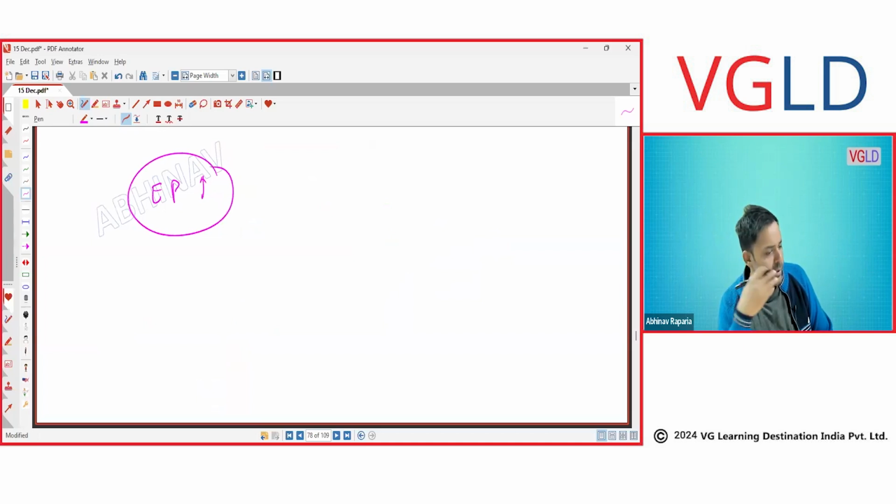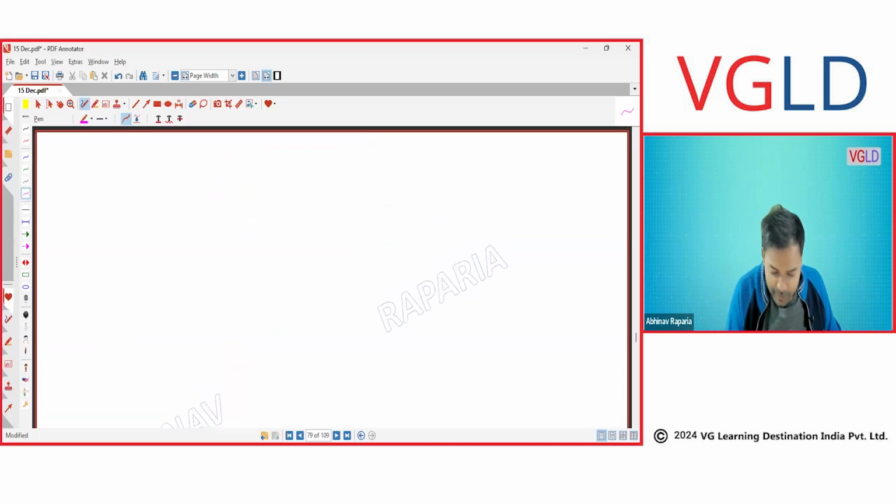In any scenario, are you increasing your earnings and profits? Good point, Ashra. Whenever you are having the gain.